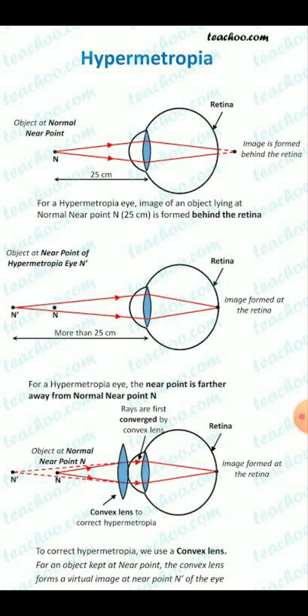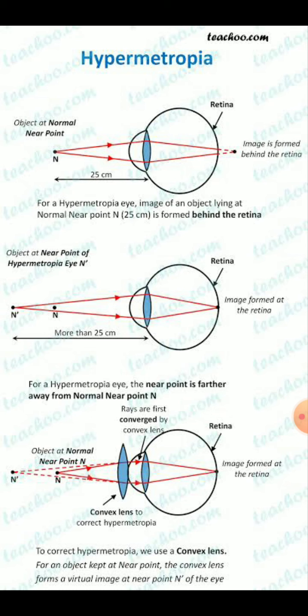So, for correction of hypermetropia, we need to use a convex lens, because convex lens is a converging lens. We have studied this in chapter number 10. A converging lens converges the light rays at one point after refraction.